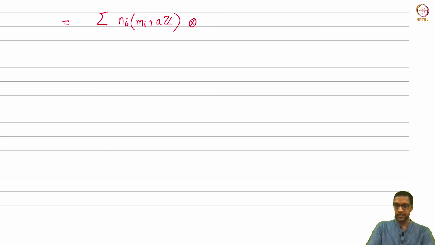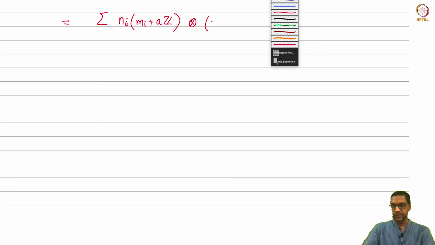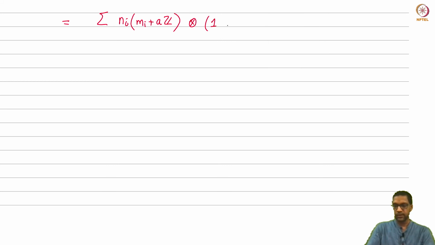So this example is to give you some facility with manipulating expressions involving tensor products. But what is this? This is just summation mi ni plus az tensor 1 plus bz.